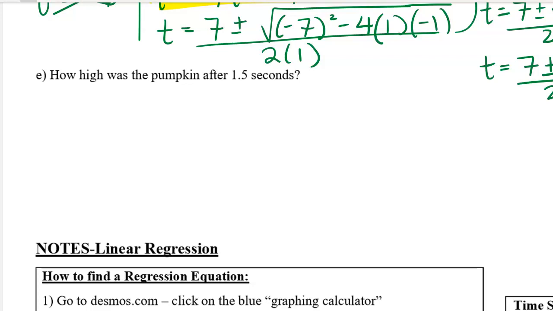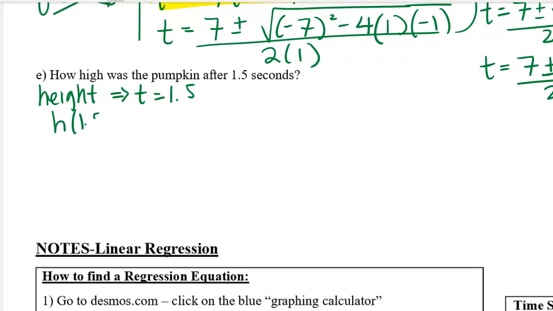How high means you're looking for what? Input or output? Output is h, right? So how do we find the height when we know time is 1.5? Yeah, just chuck it in. Find the height when t equals 1.5. All right, plug it in.